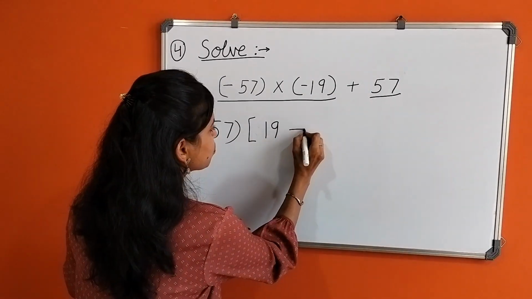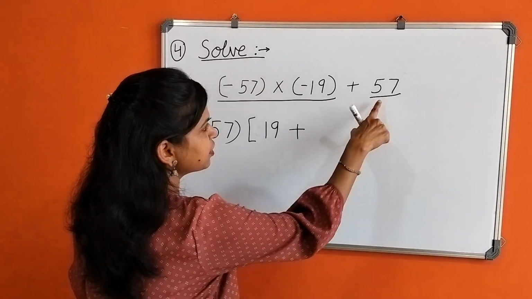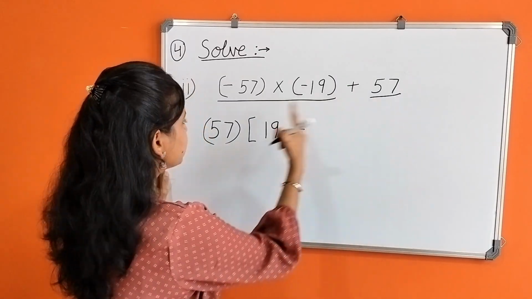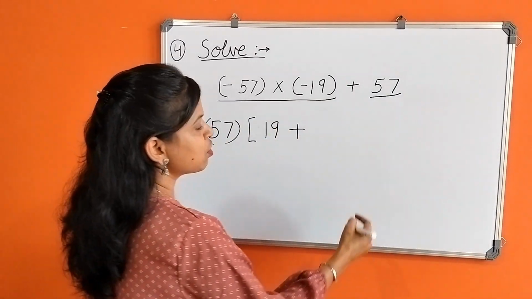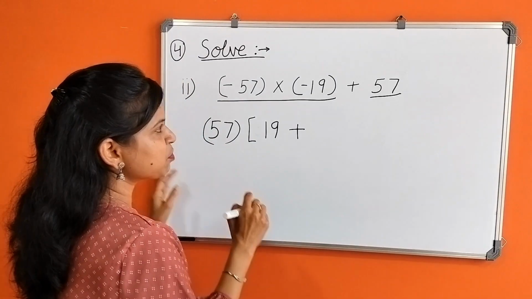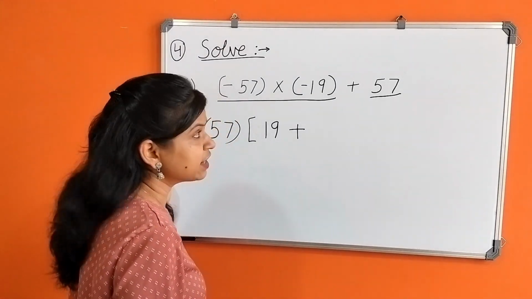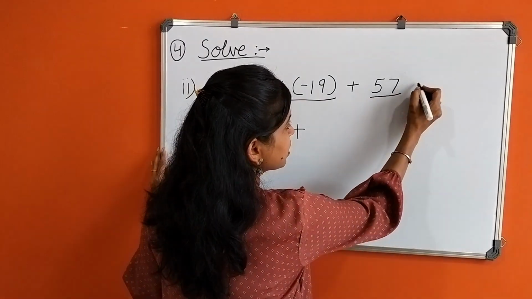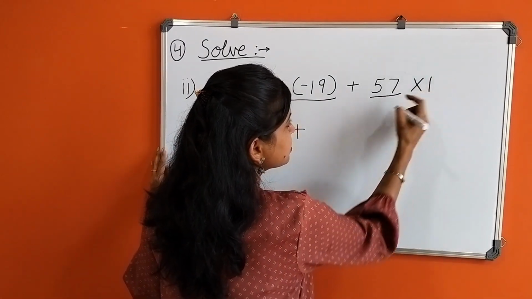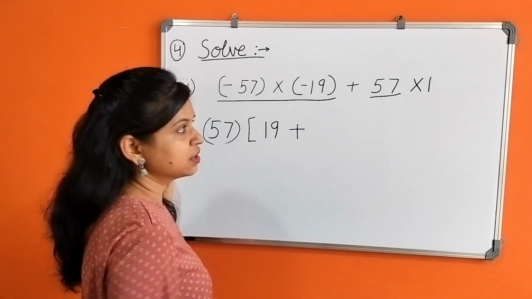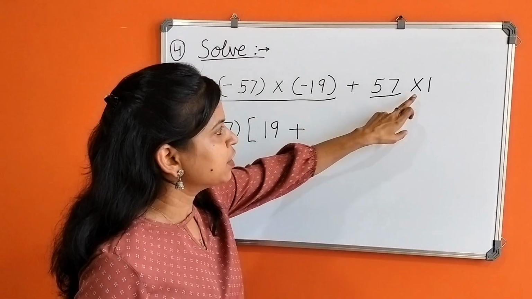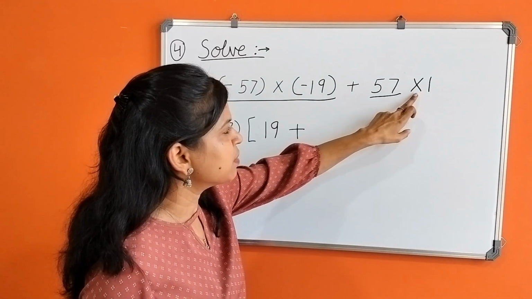Now from other group, positive sign is here. From here, what will be remaining if we take out 57? So remember the property multiplicative identity. Whenever we multiply any number by 1, answer will be same the number. So here into 1 is multiplied.